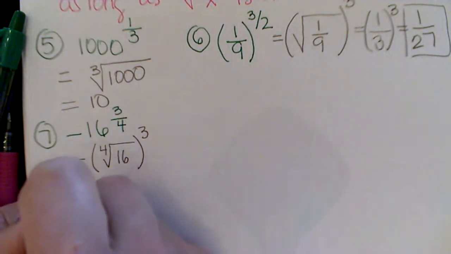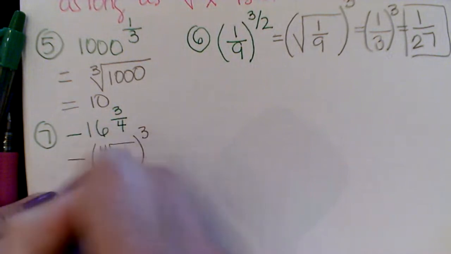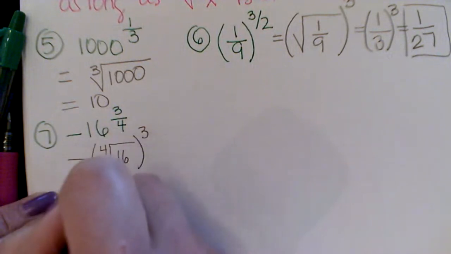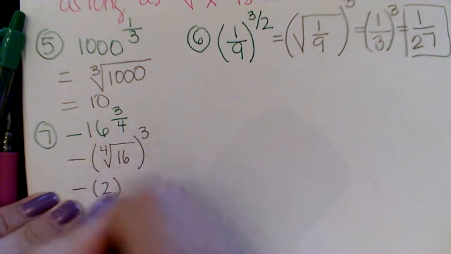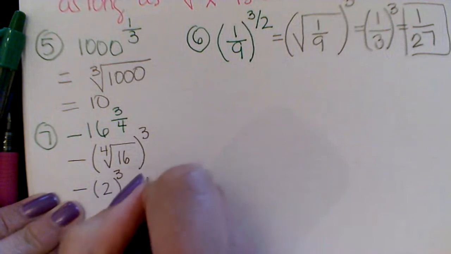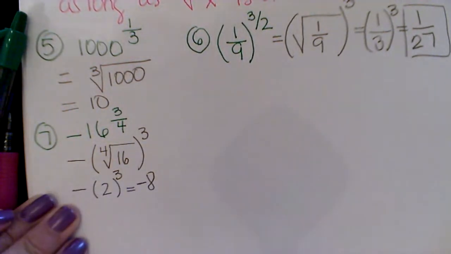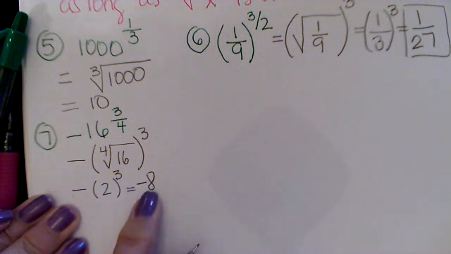And what is the 4th root of 16? That's going to be 2 to the 3rd power. 2 to the 3rd power is 8, and we apply that sign. What's the opposite of 8? -8.